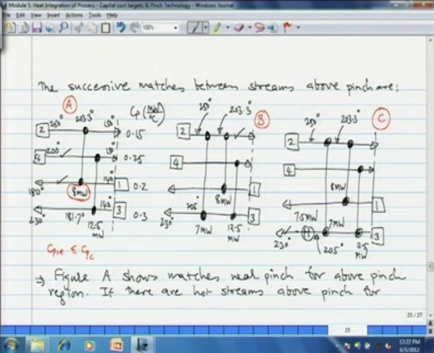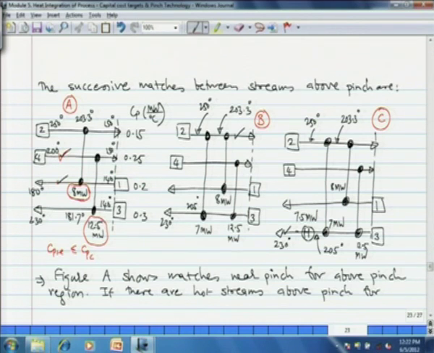Now, stream 4 can easily give away all of its heat to stream 3 and meet its target temperature of 150 degrees, and then we place a match. We place a heat exchanger of capacity 12.5 megawatt between streams 3 and 4, and then stream 4 is ticked off because its target temperature is met after placing the exchanger.